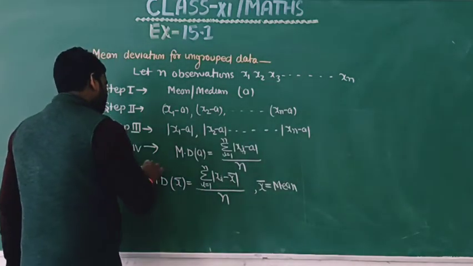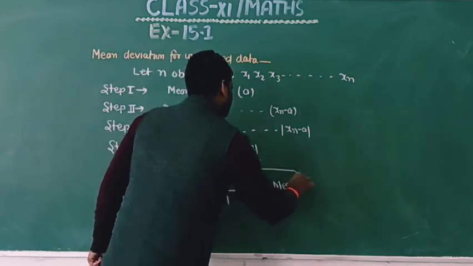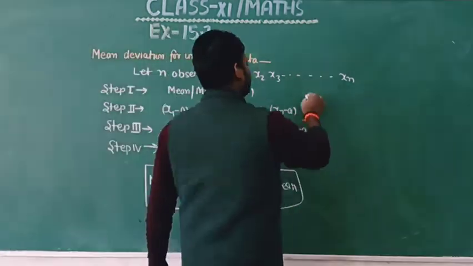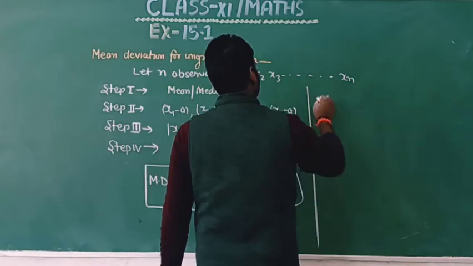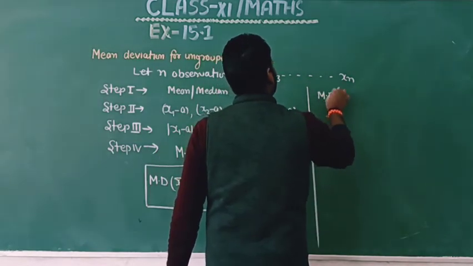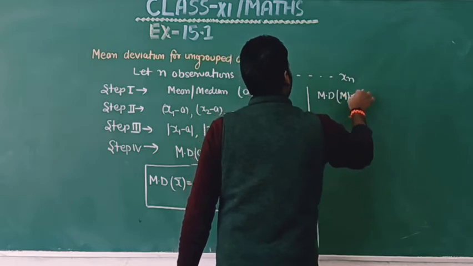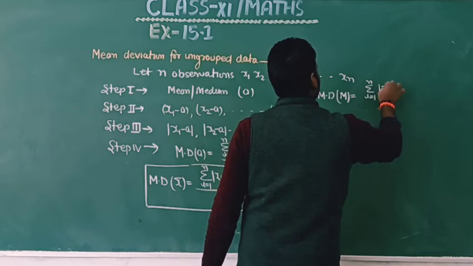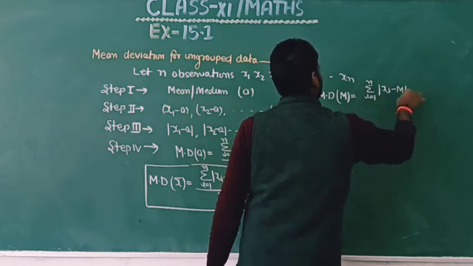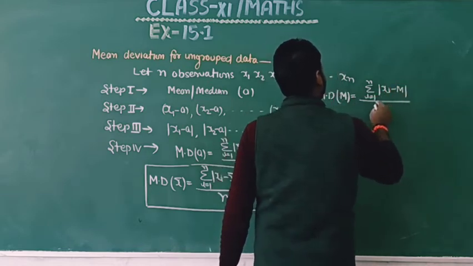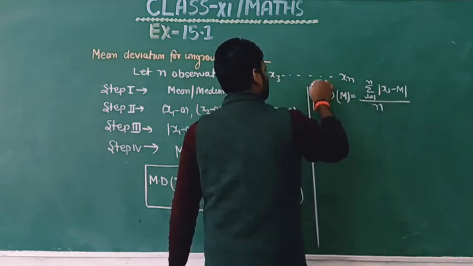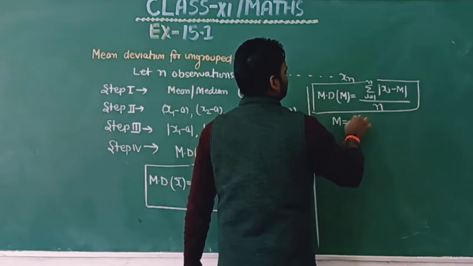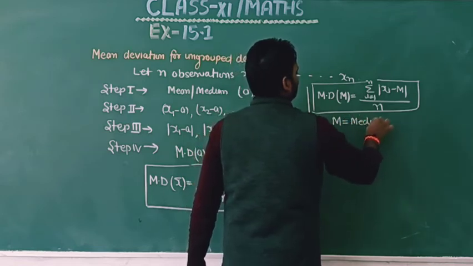We use this formula to calculate mean deviation about mean. And second, mean deviation about M is the sum from i equal to 1 to n of mod xi minus M, divided by n, where M is the median.